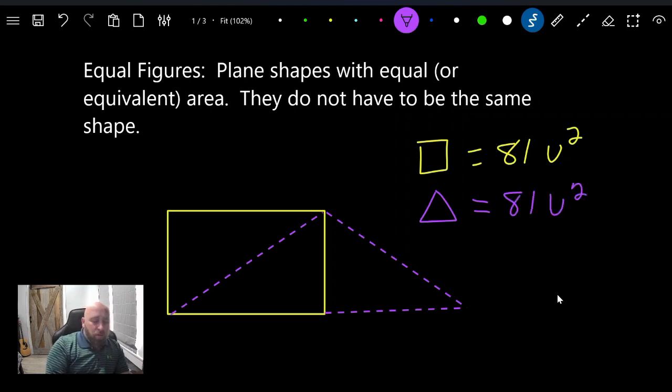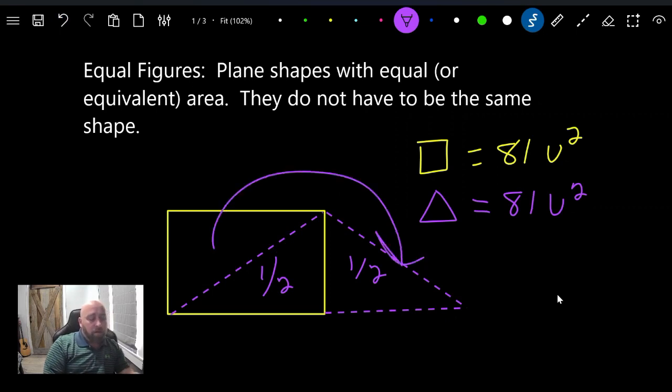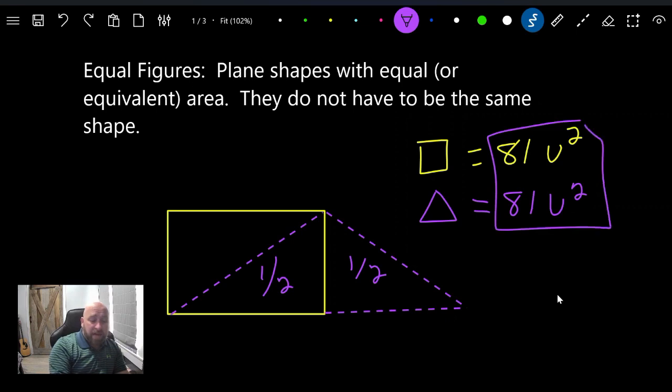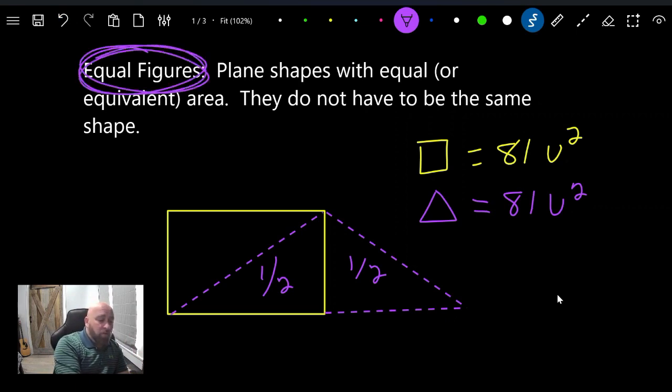Now, the way that we know that is because this is half, and then this would also be half out here. It's almost like we take this piece right here and we just rotate it over here. We just kind of flip it over here. And what happens is we end up with the same exact area. So when we end up with the same exact area, that means that these are equal figures.